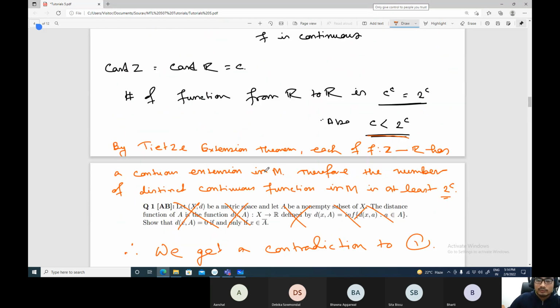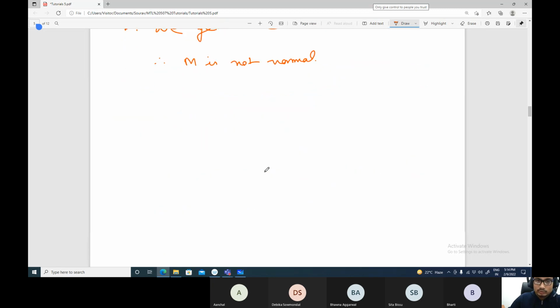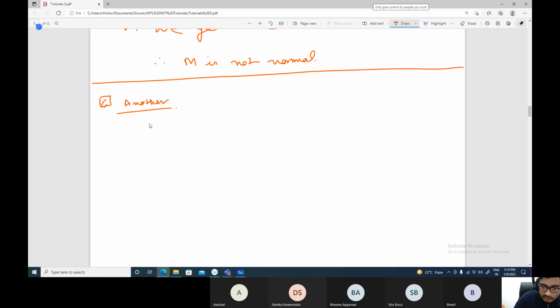If you want, you can also use the Baire category theorem argument to prove this. I have given the sketch of another proof. Take Z, a closed set in M, and Z has the discrete topology.